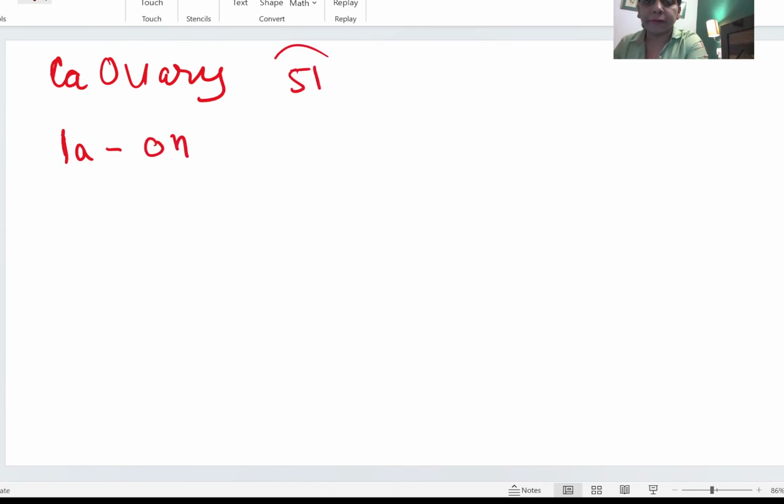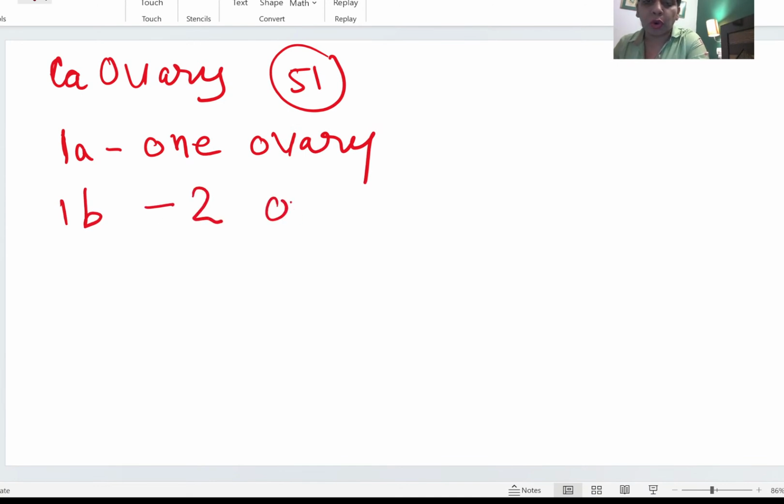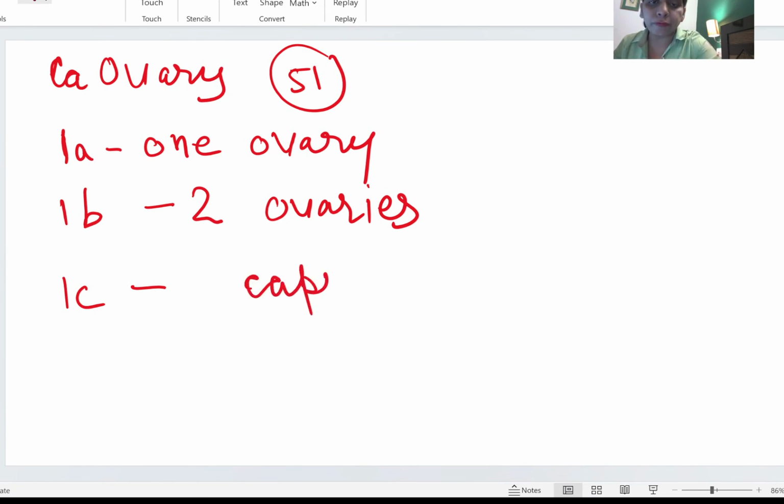This is question number 51 which we are discussing. 1A is limited to one ovary, and 1B is limited to two ovaries but capsule intact, and 1C is that the capsule has been breached but no other part is involved. Okay, the capsule of the ovary is breached.